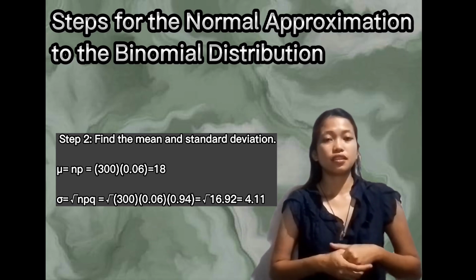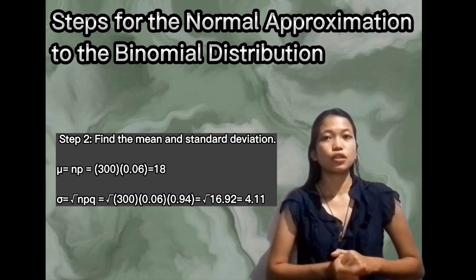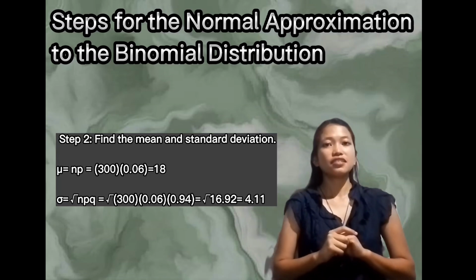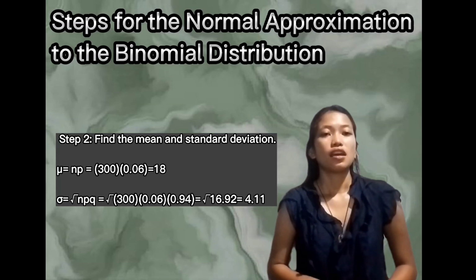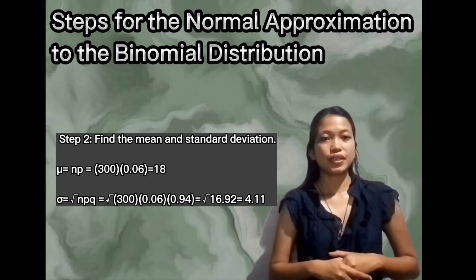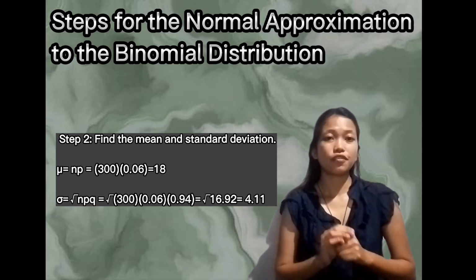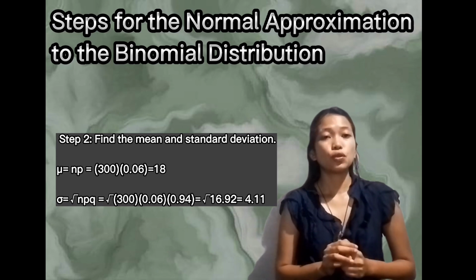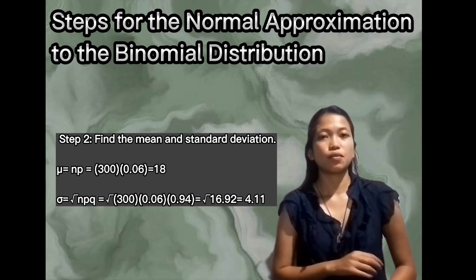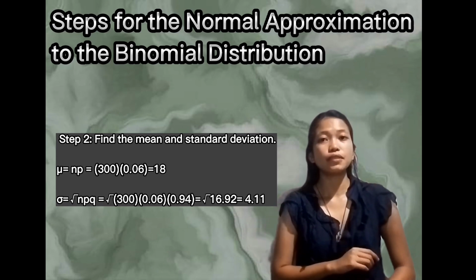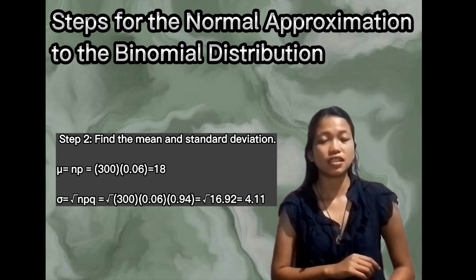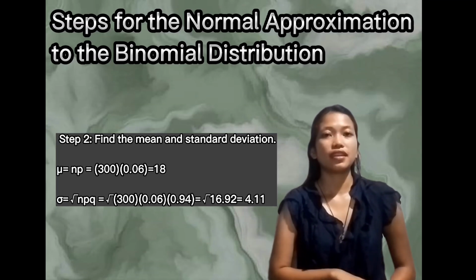Now let's proceed to step number 2. Find the mean and standard deviation. So let's use the formula of mean and standard deviation in the binomial distribution. The formula of the mean is again mu is equal to n times p, and our n is 300 times p, 0.06, is equal to 18.